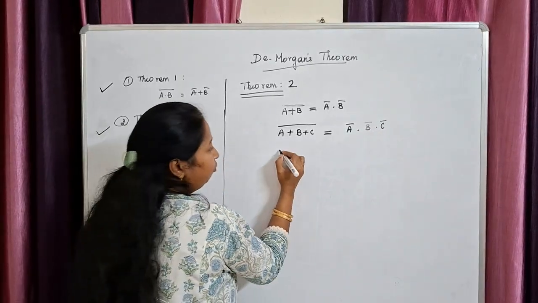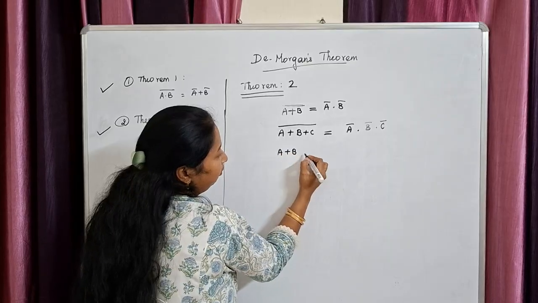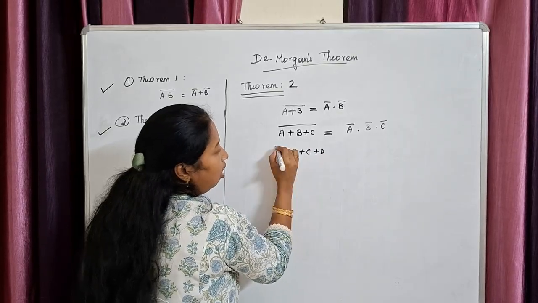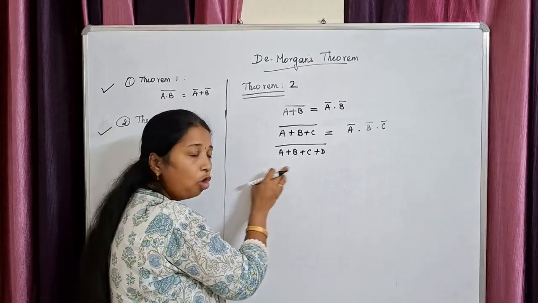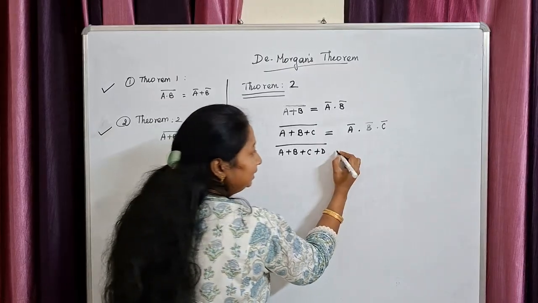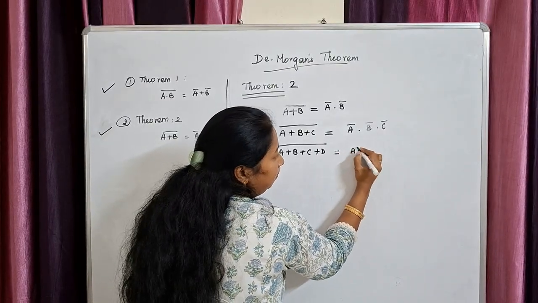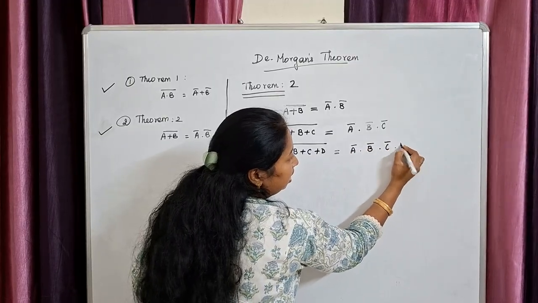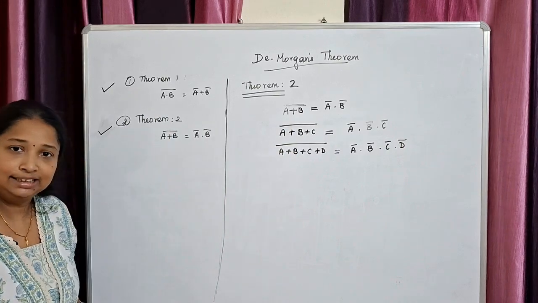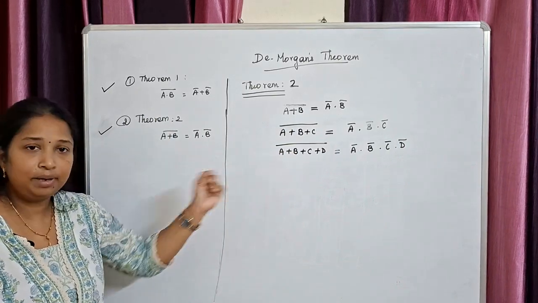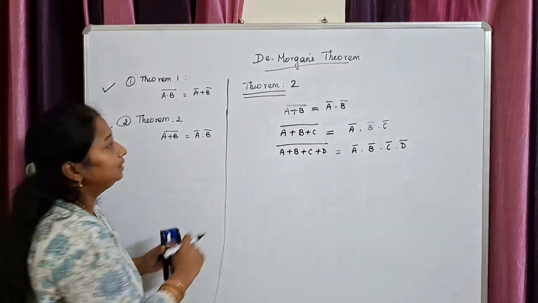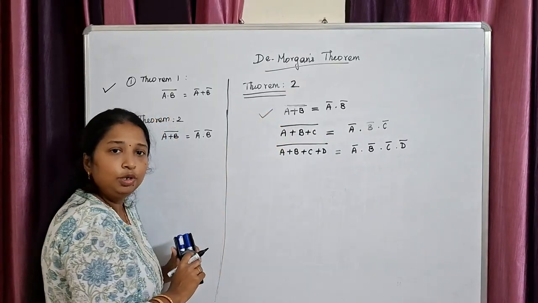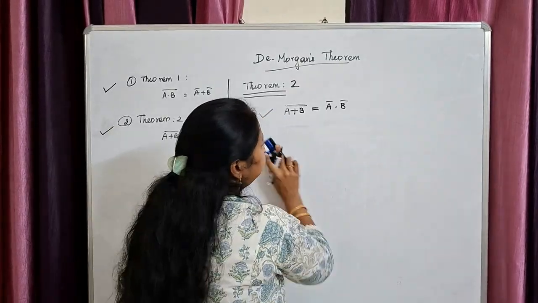In case we have four variables, come on, tell me how it will be for four variables. The complement of the sum of all four input variables is equal to the product of the complement of every single input variable. Is it clear? That is Theorem number 2. Now, let's try to prove this using a truth table.